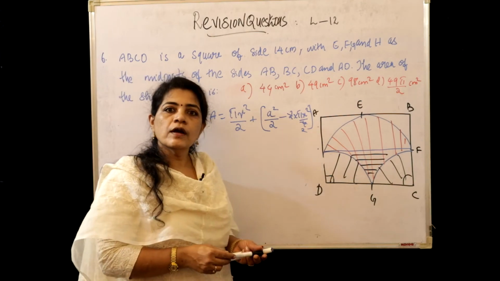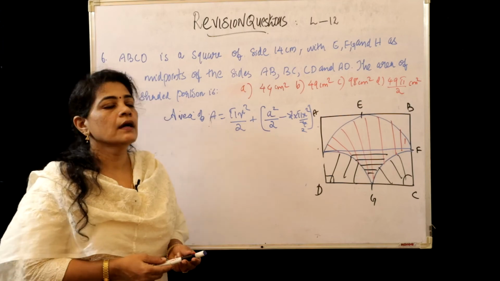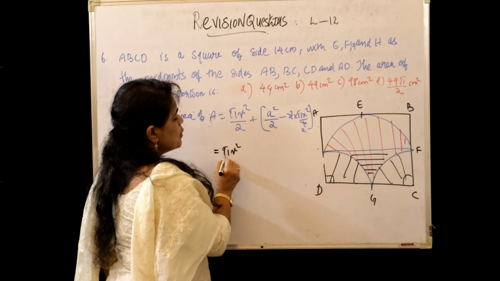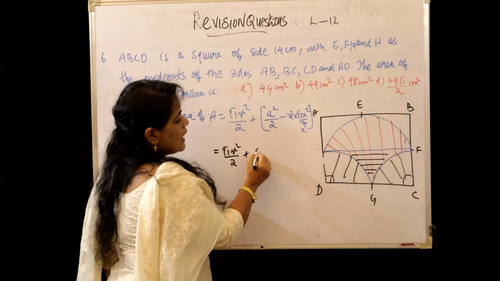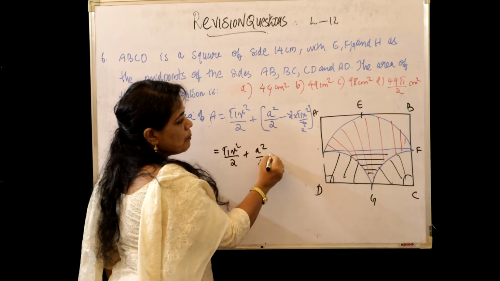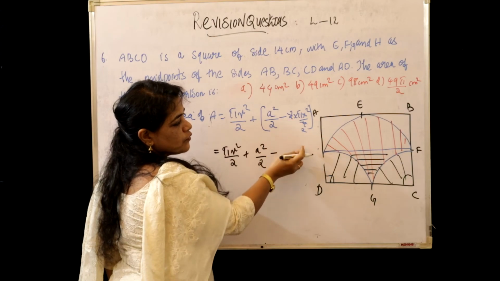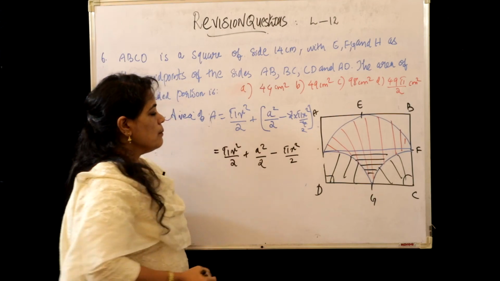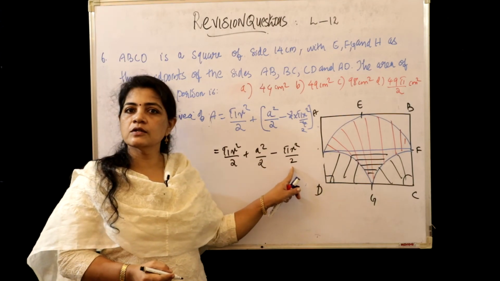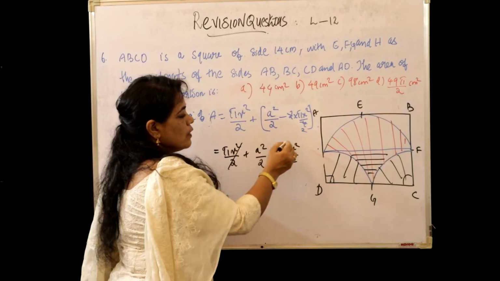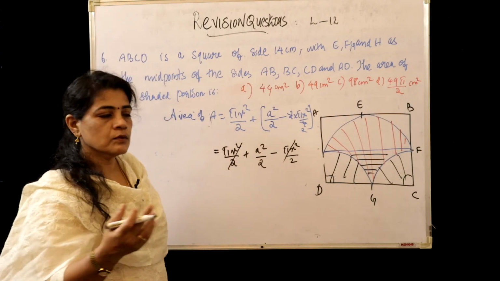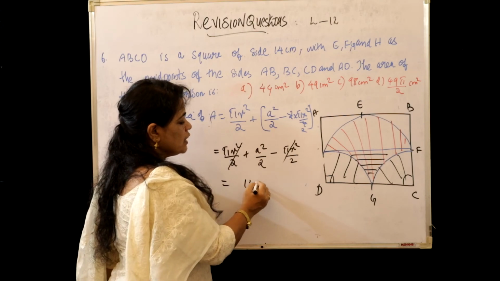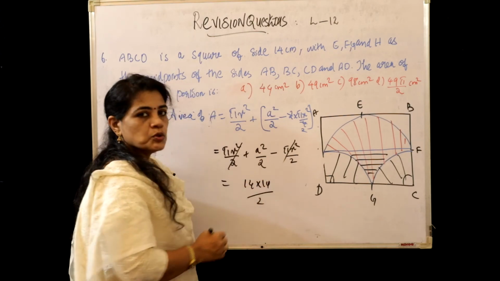Now we are going to simplify the next step. See, pi r square by 2 plus a square by 2 minus, after reducing 2 with 4, pi r square by 2. Plus pi r square by 2 and minus pi r square by 2 get cancelled, because the semicircle and the radius are the same. So a square, a is 14, 14 into 14 divided by 2.